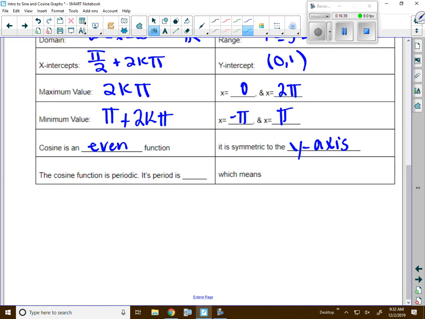Okay, and again, a period of 2 pi, which means as the graph goes from 0 to 2 pi, it'll just repeat itself after that. Okay.